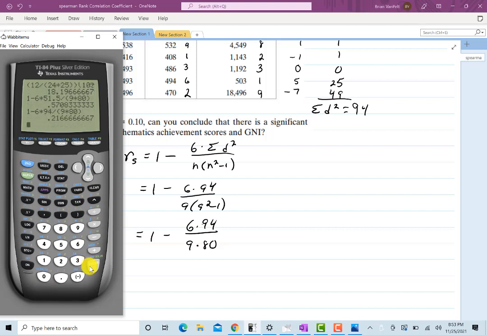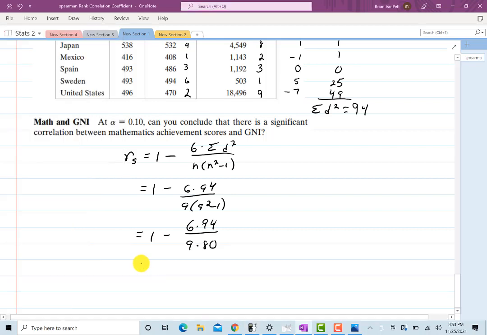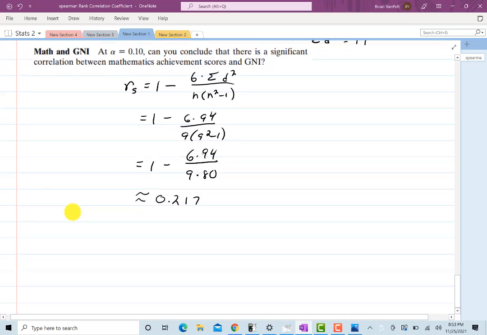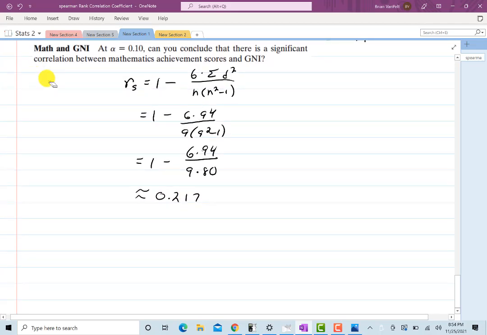So I get about 0.217. That, of course, was the test statistic.